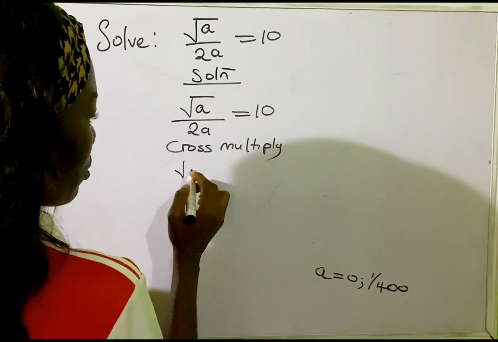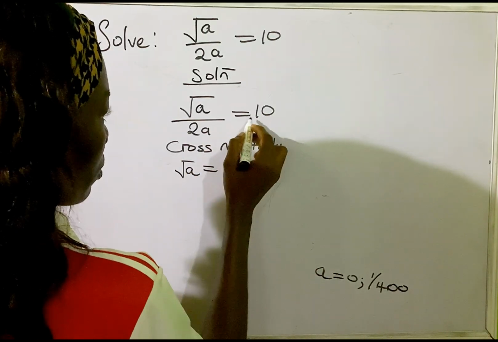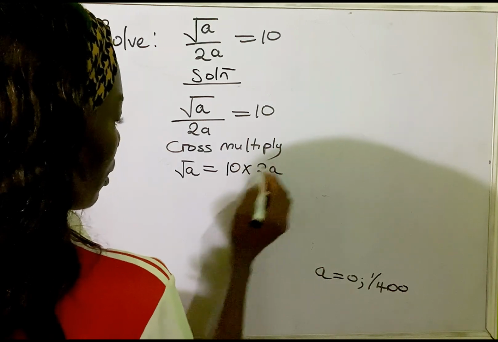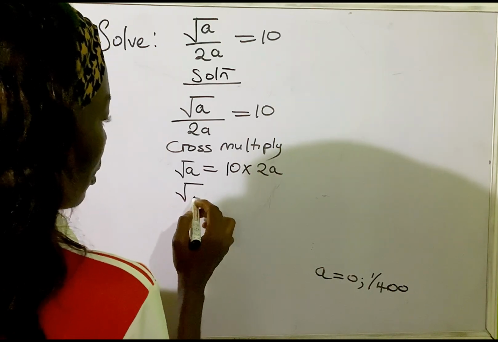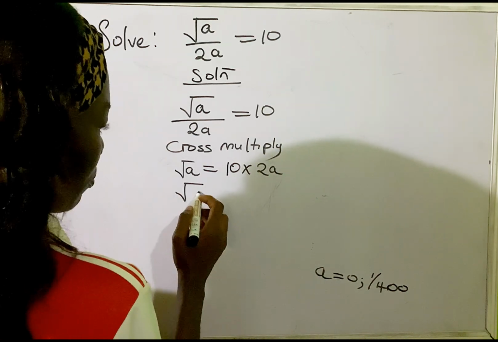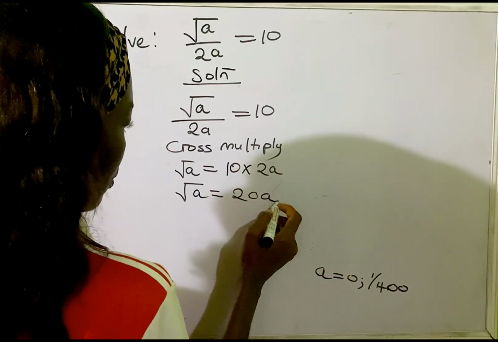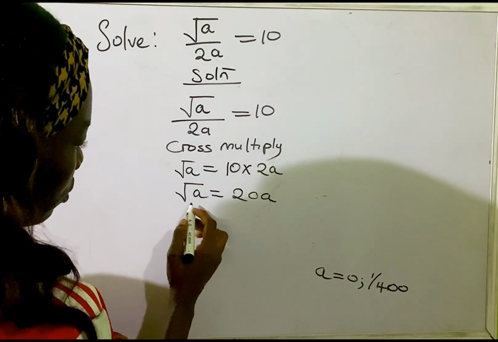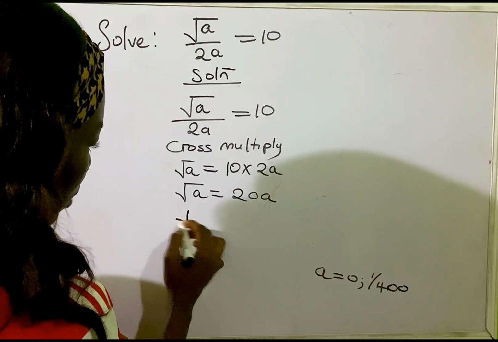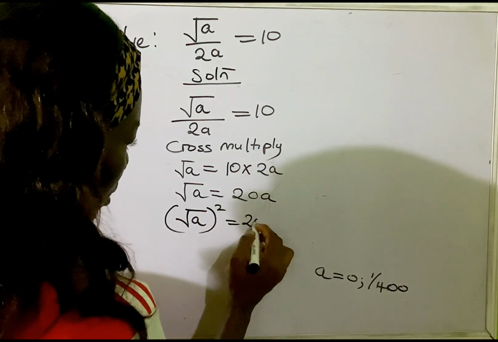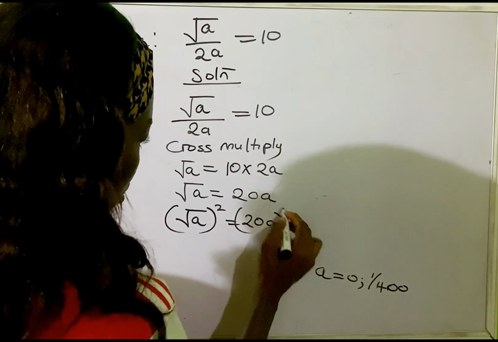So we have √a is equal to 10 multiplied by 2a. So √a is equal to 20a. To remove this radical, we square both sides. So we have a is equal to (20a) squared.